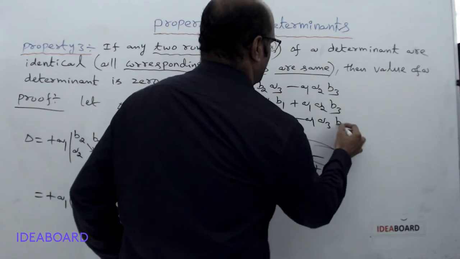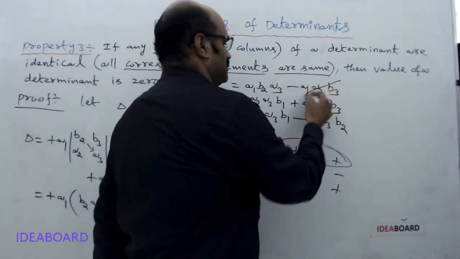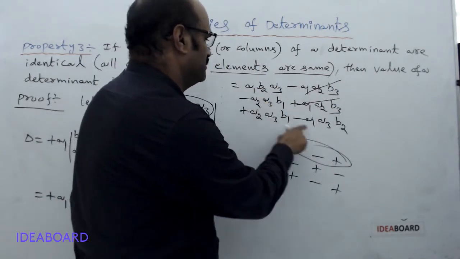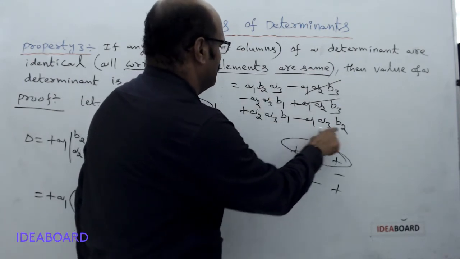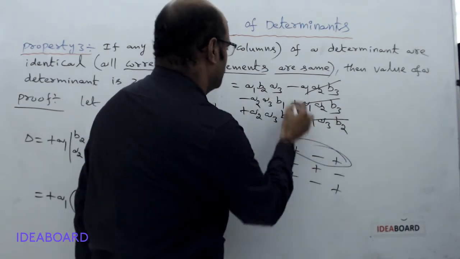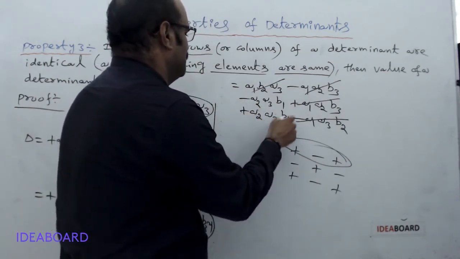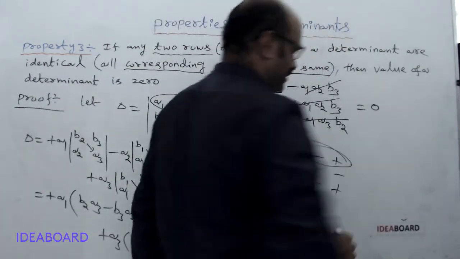Now these terms cancel. A1 B2 A3 minus A1 B2 A3 becomes 0. Minus A2 A3 B1 plus A2 A3 B1 becomes 0. So finally we get the answer 0.